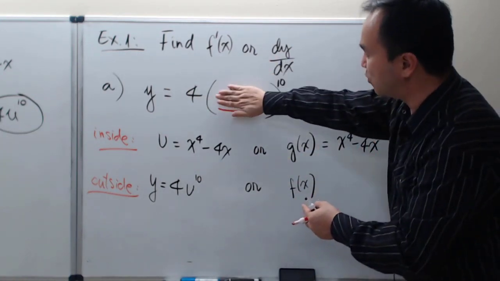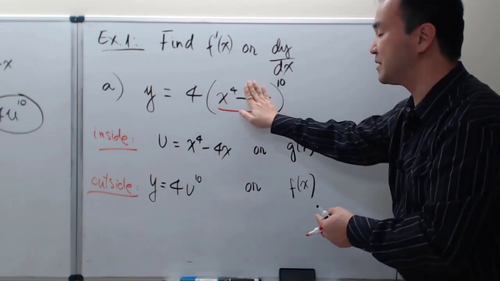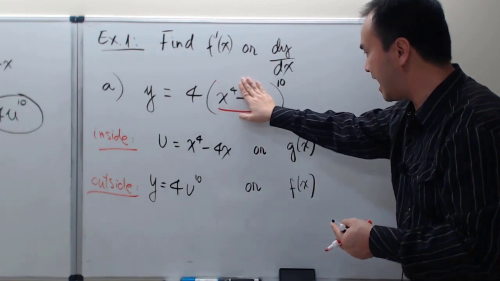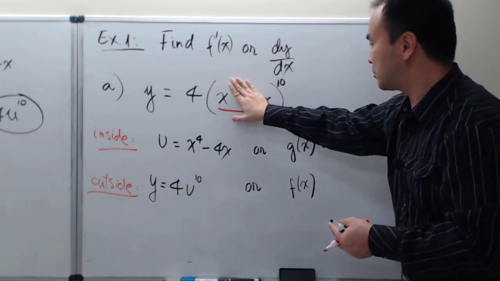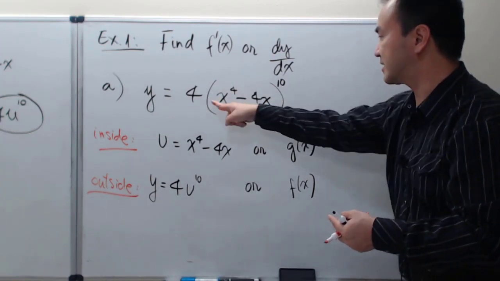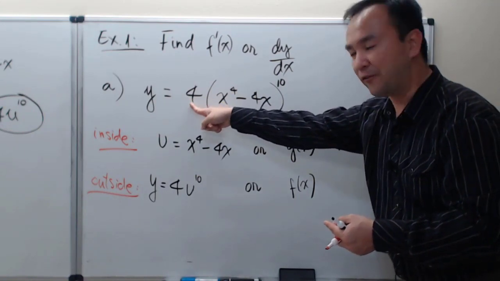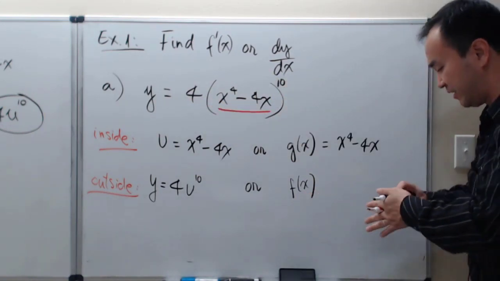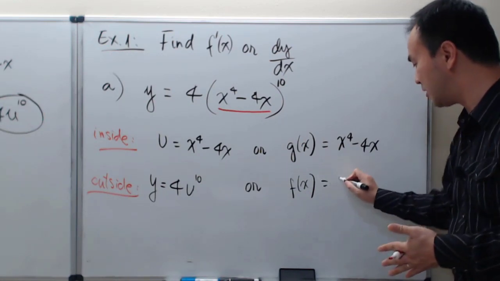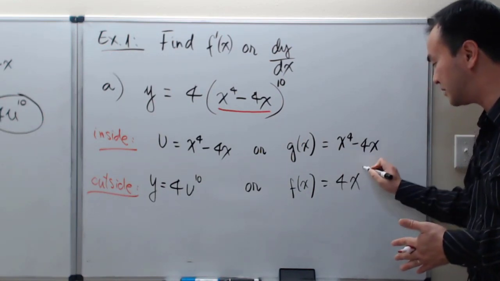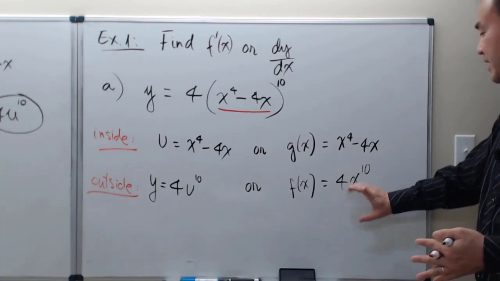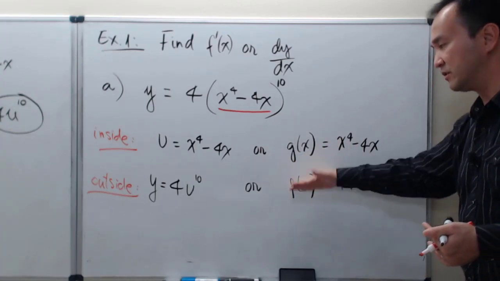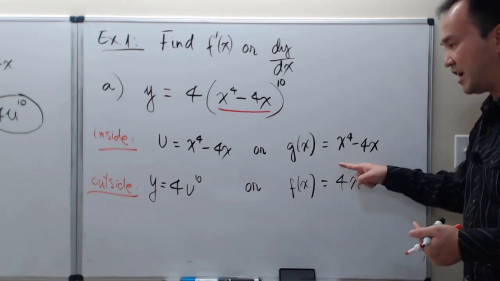If we hide away this expression, because that part is being substituted, being regarded as g of x, then what remains is some coefficient 4 times some variable, raised to the 10th. So in functional notation, we can also regard this as our outside function.